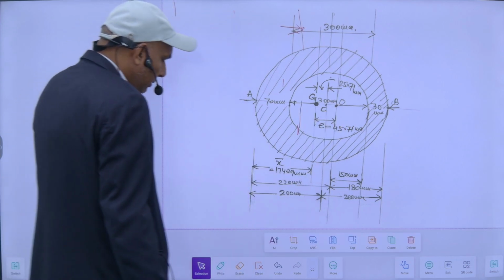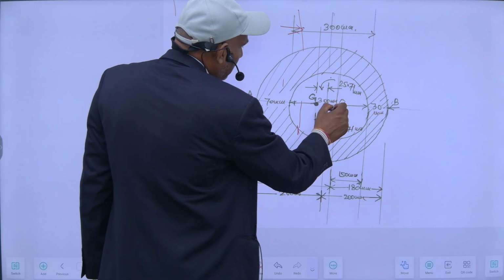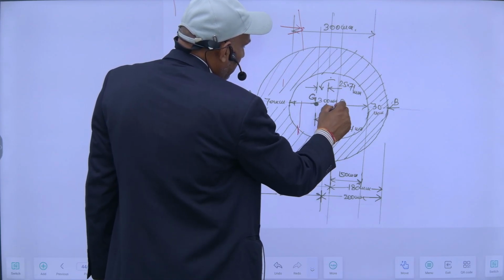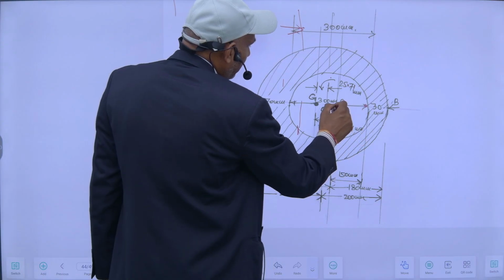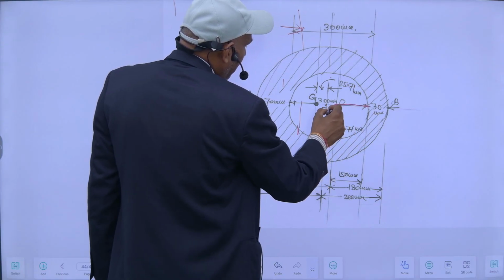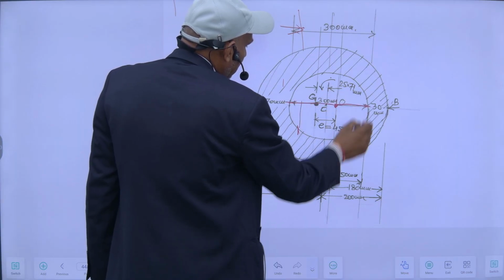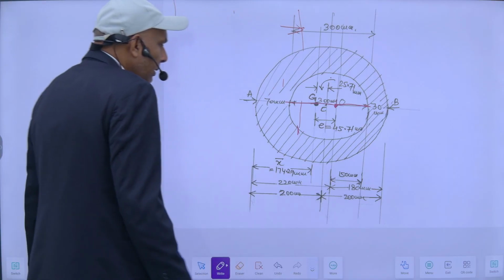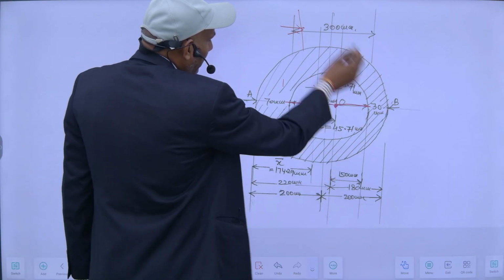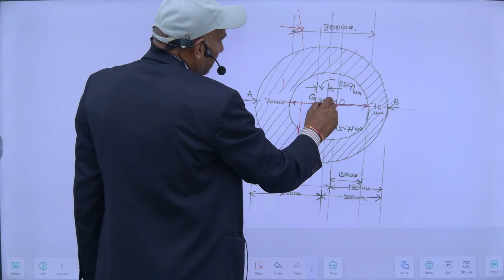So it is 150 mm, obviously. So this will also be 150 mm. So this is 150 mm, and this is the center of the whole column.